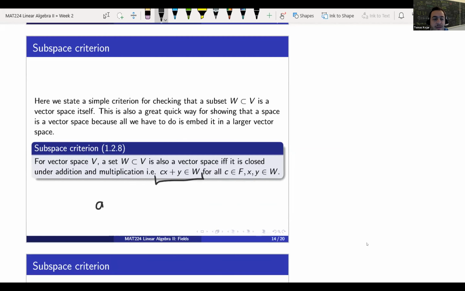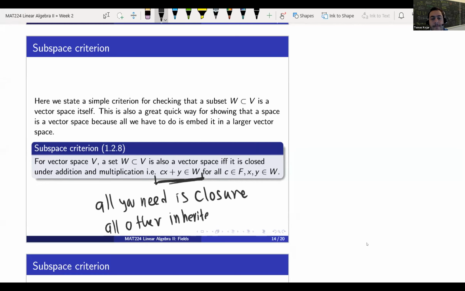All you need to check is closure. You don't need to check all these axioms. It suffices to check this single axiom of closure. That's pretty nice, because all the other axioms are inherited from the vector space V.